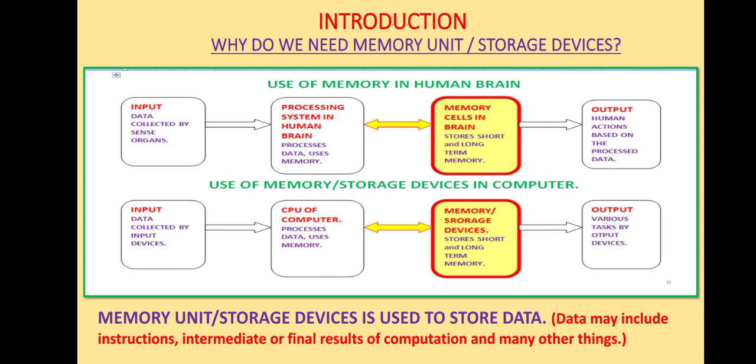Here, the brain uses both short-term and long-term memory to process the data. Based on this information, we perform our actions. In this way, the brain uses memory to compare and analyze the data and come to some conclusion.